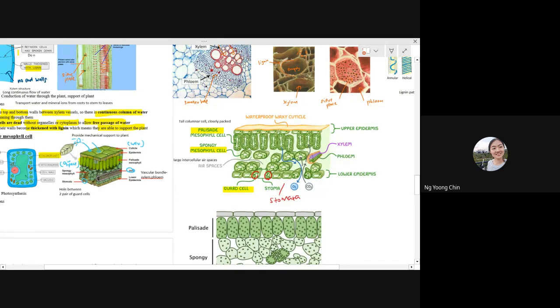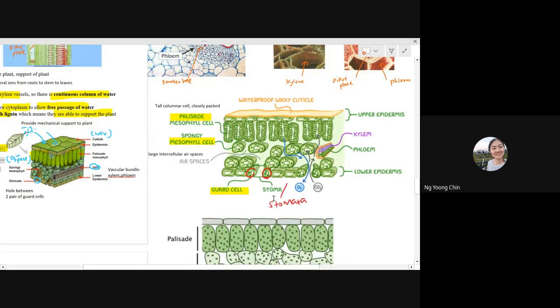Those are the chloroplasts. So note the difference between the palisade mesophyll cell and the spongy mesophyll cell. The palisade mesophyll cell is very closely packed. There is very little space between the palisade mesophyll cells because they are packed tightly to each other.